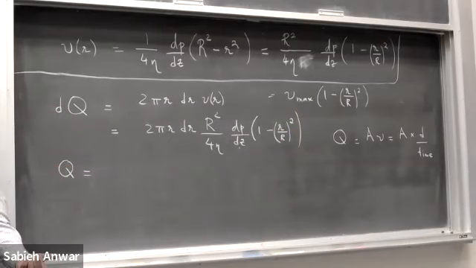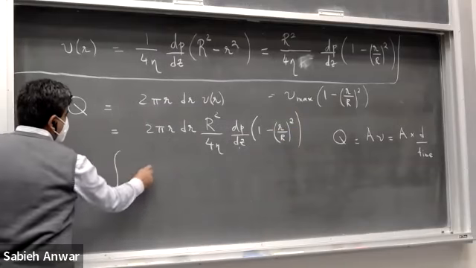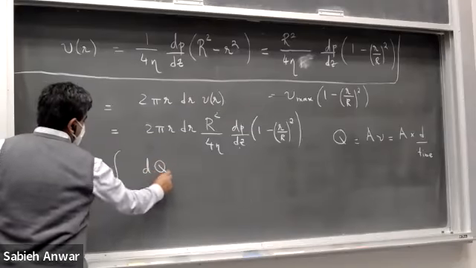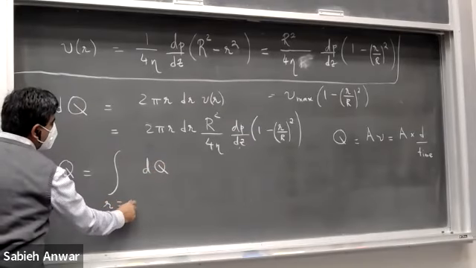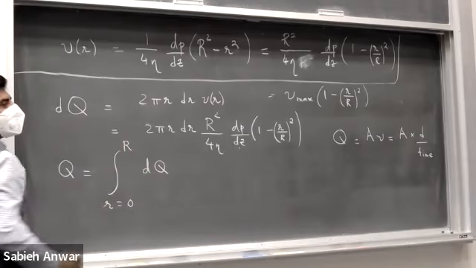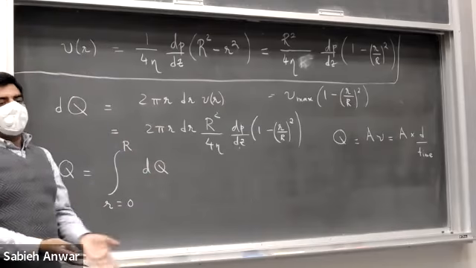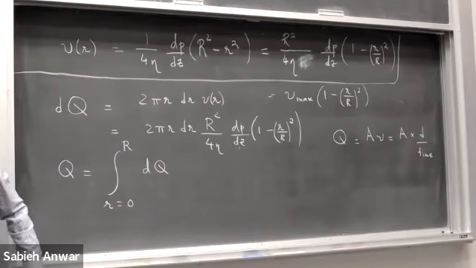And what would be the limits? So r should go from 0 to capital R, because we're already considering the surface of the cylinder above and below the axis. r is like a polar variable.